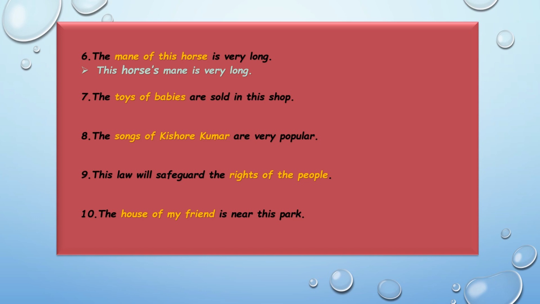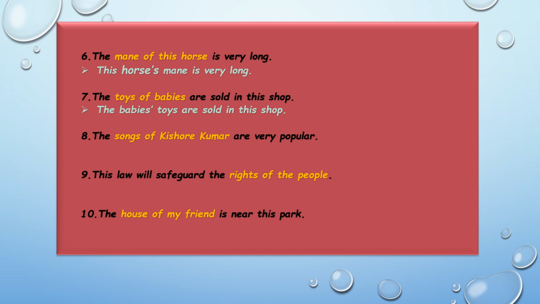These toys belong to babies, and babies is a plural noun that ends in S. So we will add only an apostrophe. So we will rewrite it as babies' toys are sold in this shop.